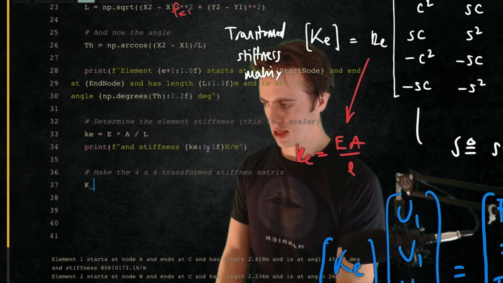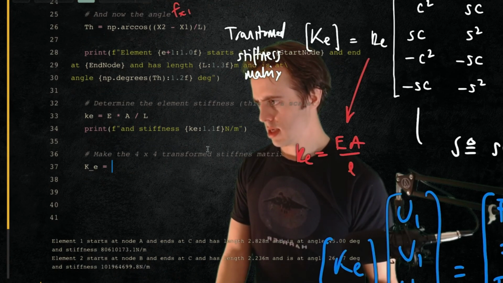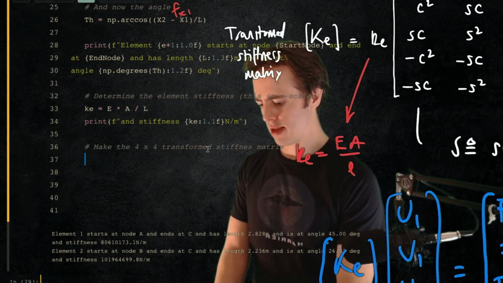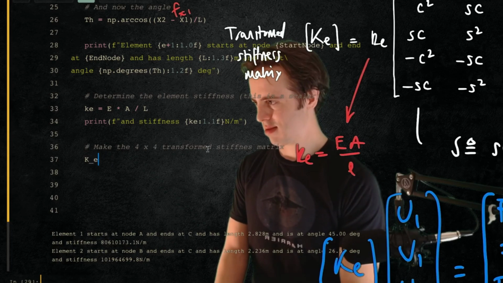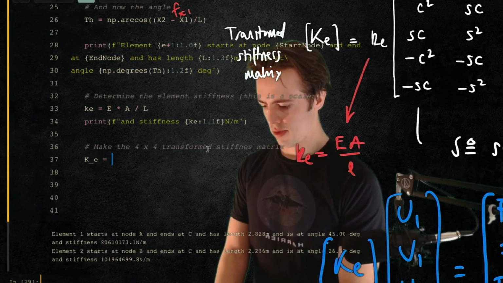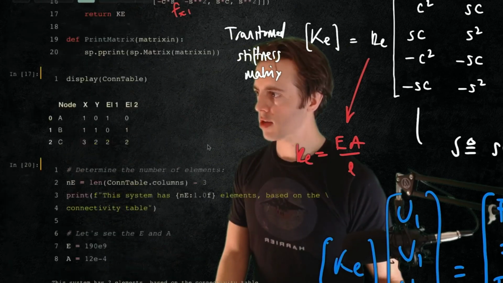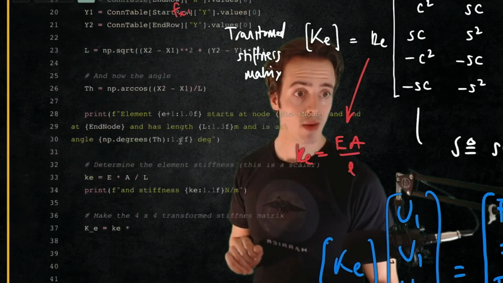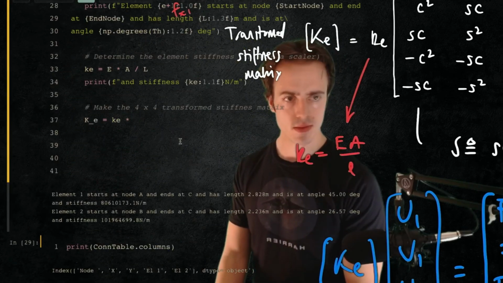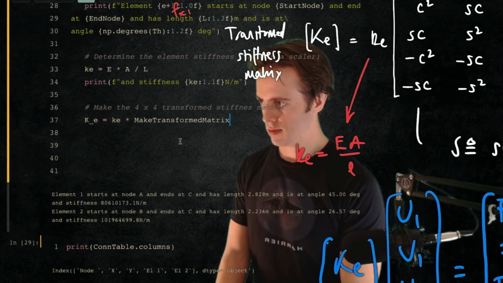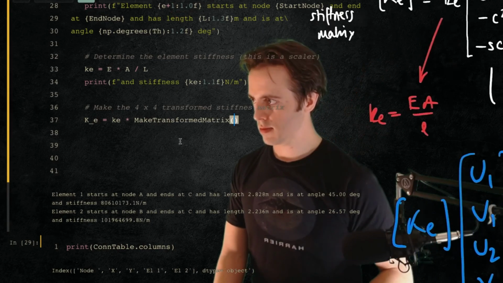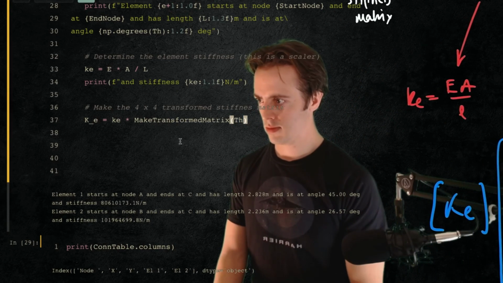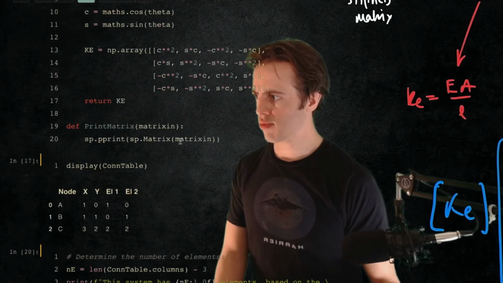Let's call this KE, which is equal to Ke multiplied by, what did I call this function? I called this function make transformed matrix, and I need to put into it that angle that I've just determined. And then I defined, I think, print matrix.